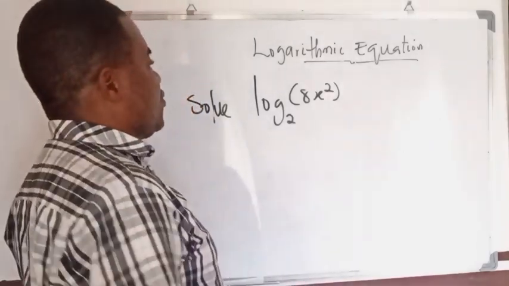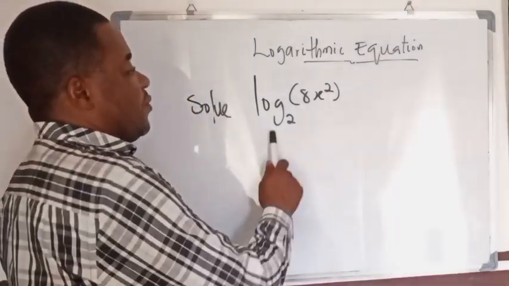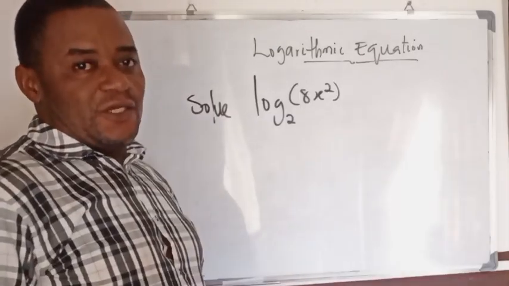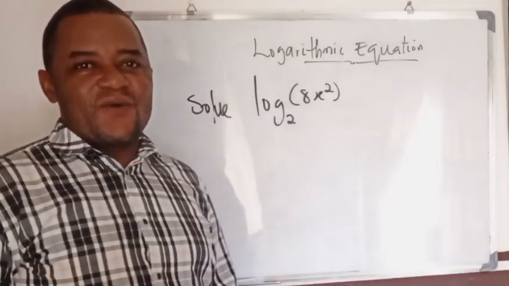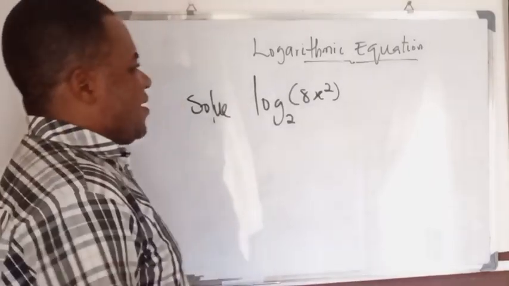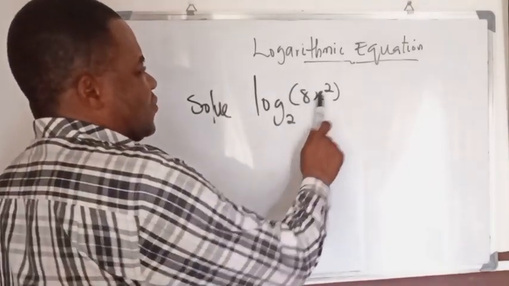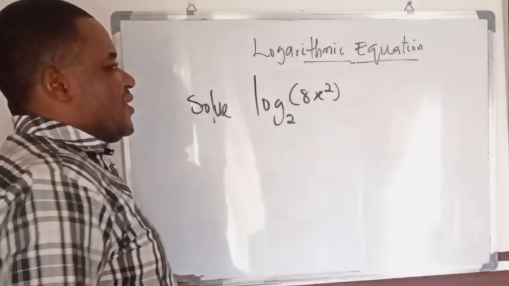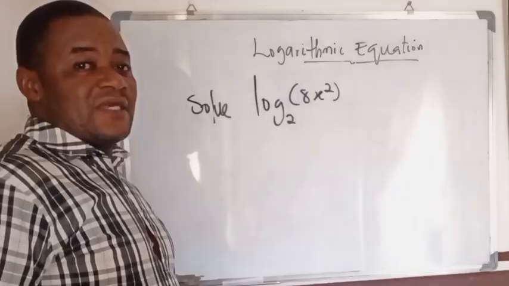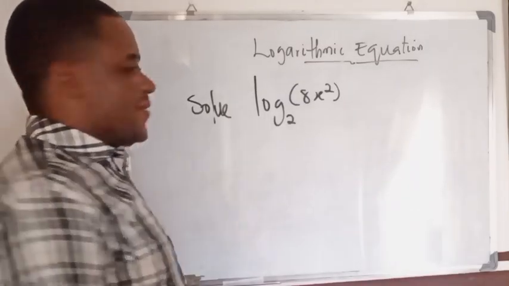So today we are going to be talking about how we can solve log 8x squared base 2. Now let's see how we can solve this in a very simple way. Remember that log 8x squared base 2 can be rewritten following the first law of logarithm.